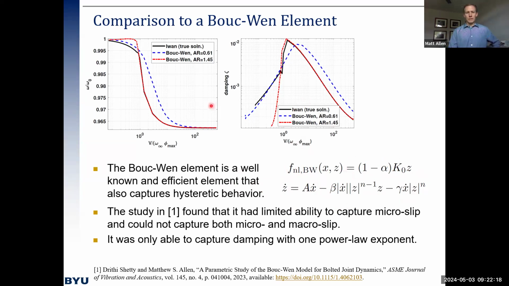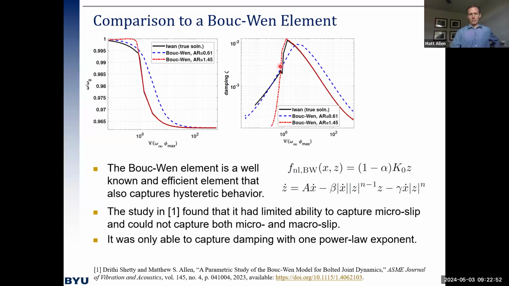And one of my students did a study recently where she compared the I1 behavior to that of a Bouc-Wen model, and found that with a Bouc-Wen model, you could only reproduce behavior in a small range. So we could reproduce macro slip for a single value of chi only, not for various values of chi. And you could tune the model to reproduce only that, or you could tune it to capture the macro slip behavior while approximating everything else.